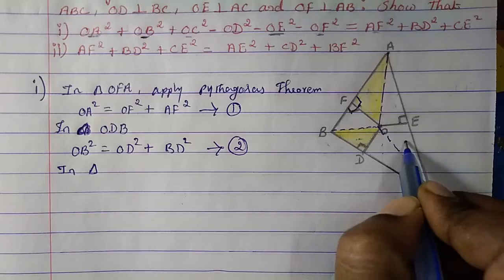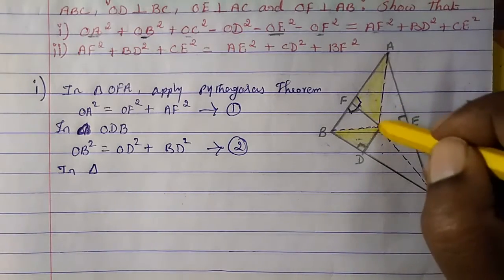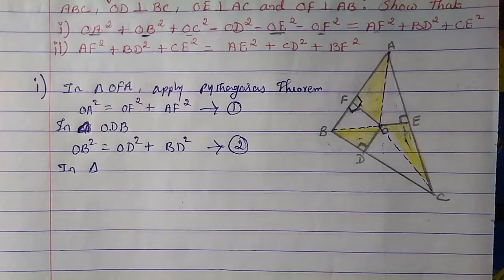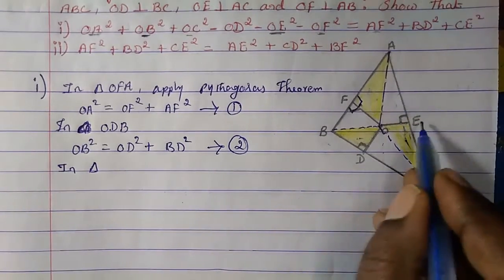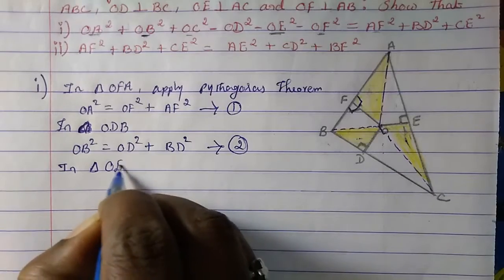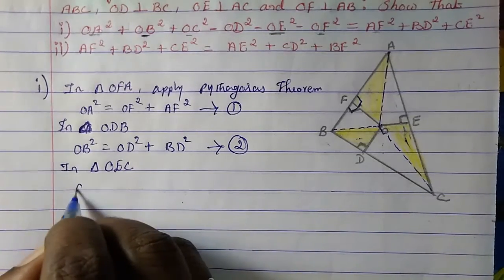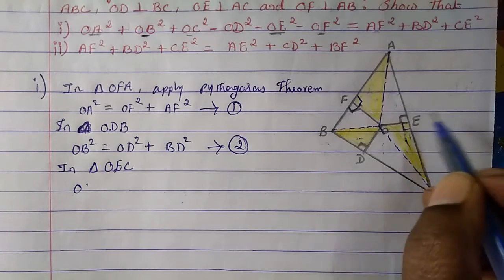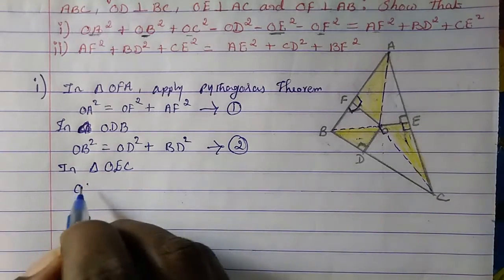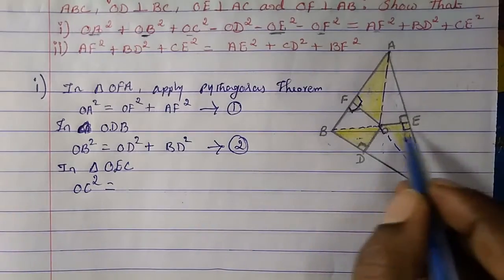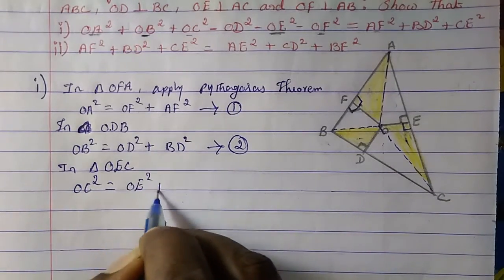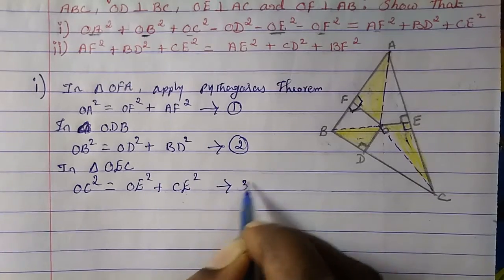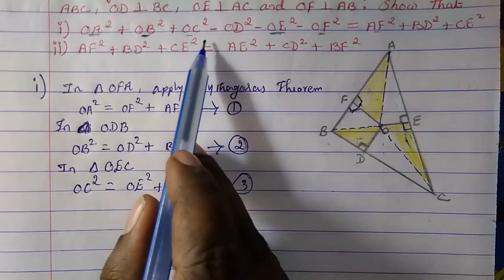So let's take this triangle OEC. OC is the hypotenuse, right? Because this is 90 degree, here 90 means here also 90. So OC square will be equal to OE square plus CE square. So this is equation 3. All three we finished here.